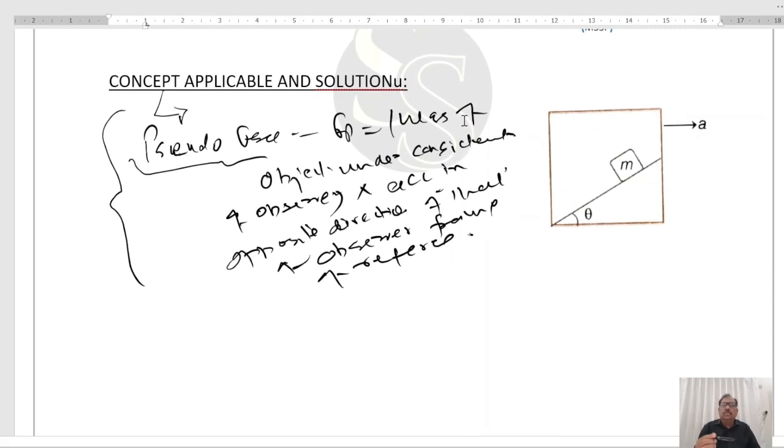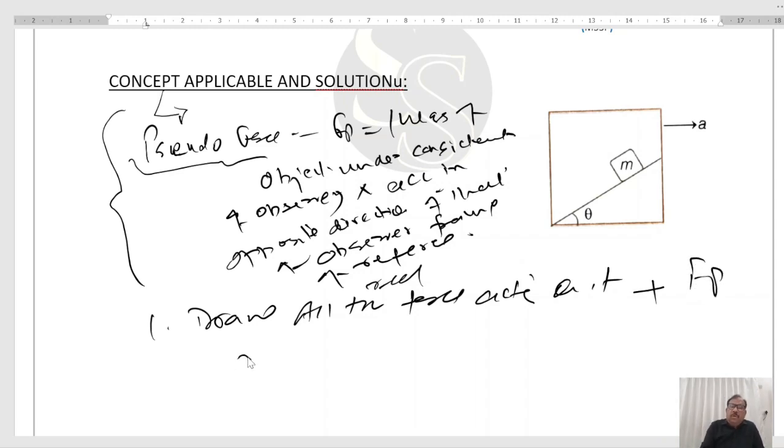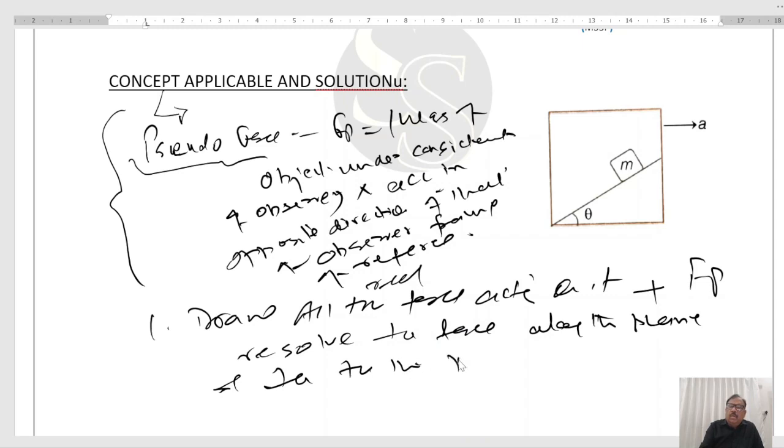Now, first draw all the real forces acting on it plus the pseudo force, right? Resolve the forces along the plane and perpendicular to the plane.